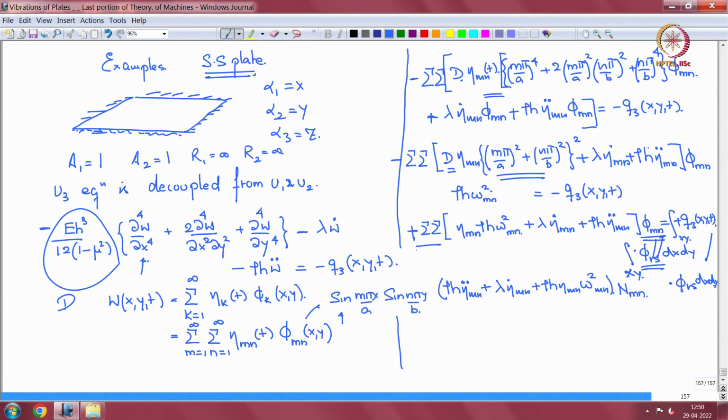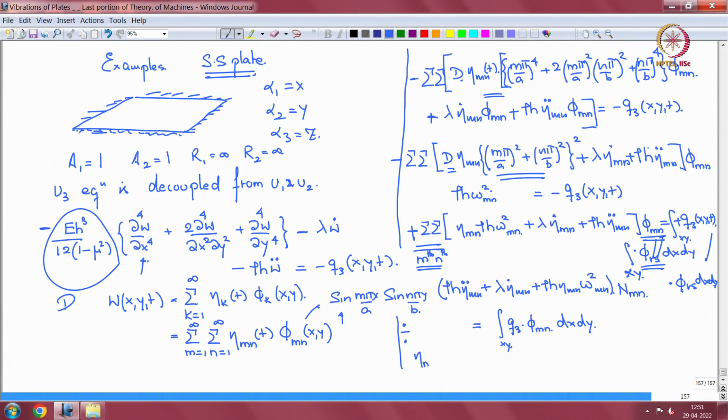So now out of this sum, the mth and the nth indices are picked, so summation is gone. Okay, that is equal to integral over xy q3 phi mn dx dy. Okay, so this we will call, let me divide by rho h.